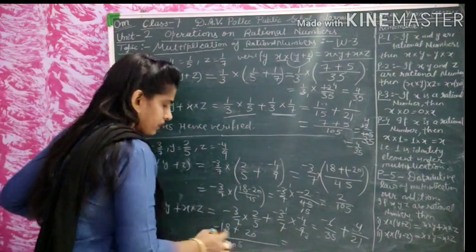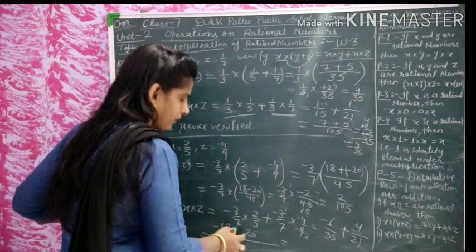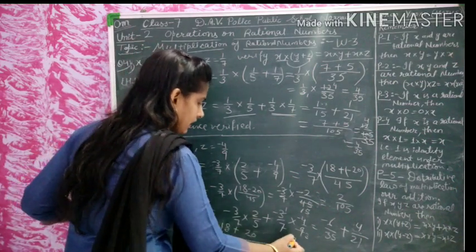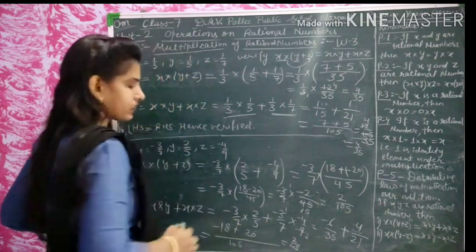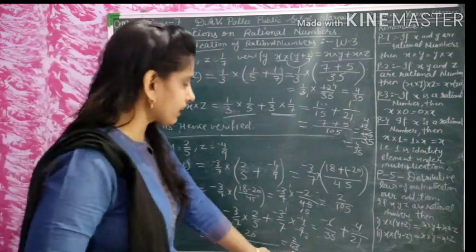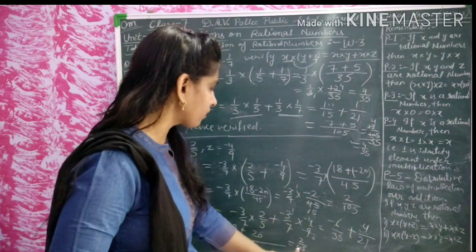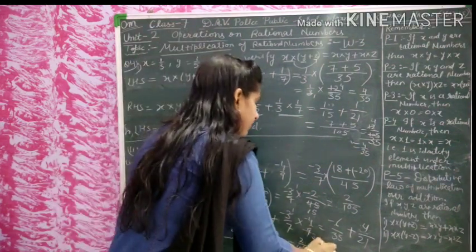Now both the numbers are different, so taking the difference, that is 2, divided by 105, and the greater number is 20, plus sign is there. So this will get 2 divided by 105, 2 divided by 105.